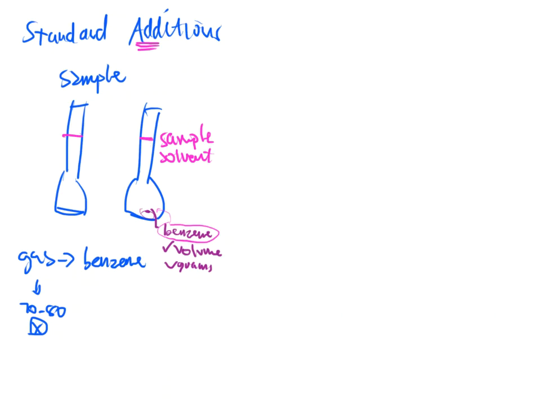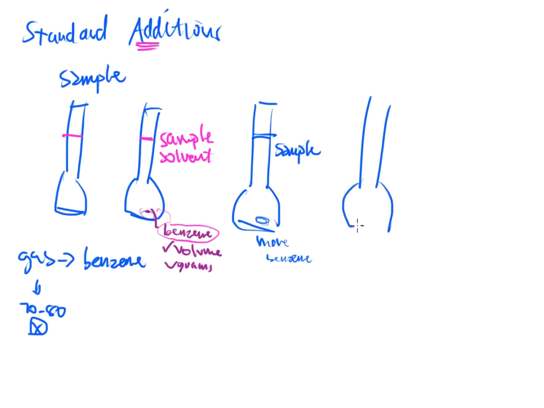All right, well, if that works, that's my first standard. I can do the second standard the same way. I'll add a little bit more benzene, more volume, or if it was a solid, more grams. And I'll dilute up to the line with the original sample, instead of just a normal methanol or acetone or cyclohexane. The solvent is the sample.